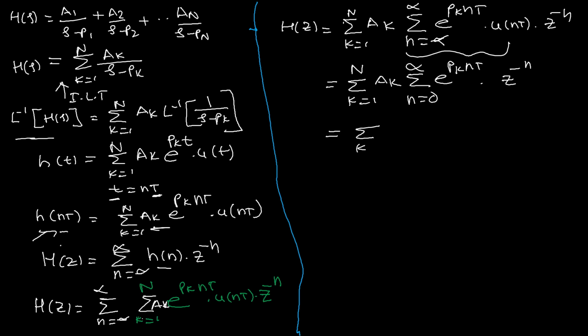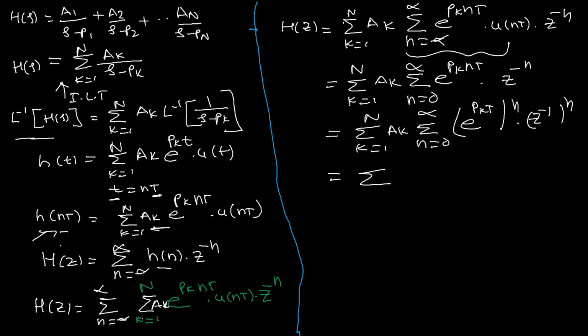Once again, the sum for k equal to 1 to n of Ak, the sum for n equal to 0 to infinity of (e to the power Pk T) whole power n and (z to the power minus 1) whole power n. Simplifying further, this is e to the power Pk T times z to the power minus 1, whole power n.